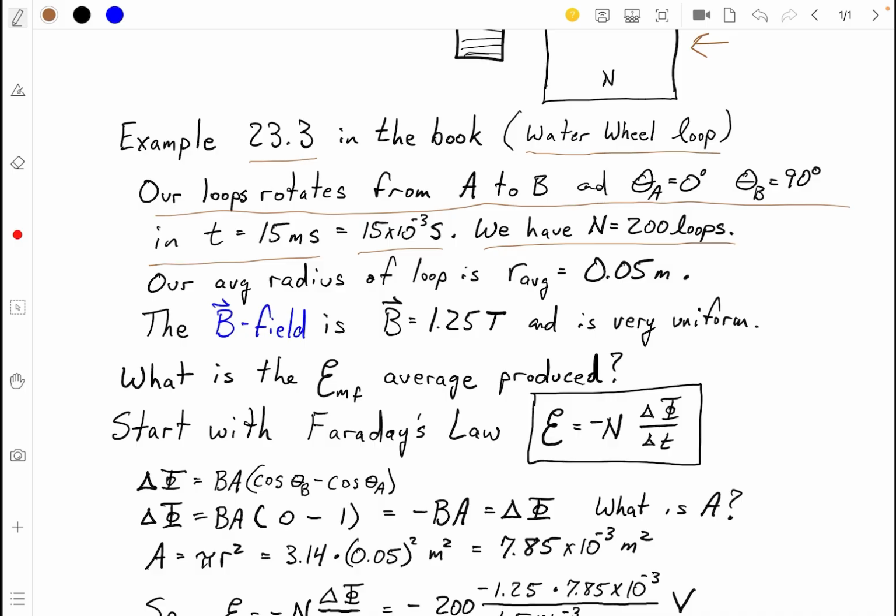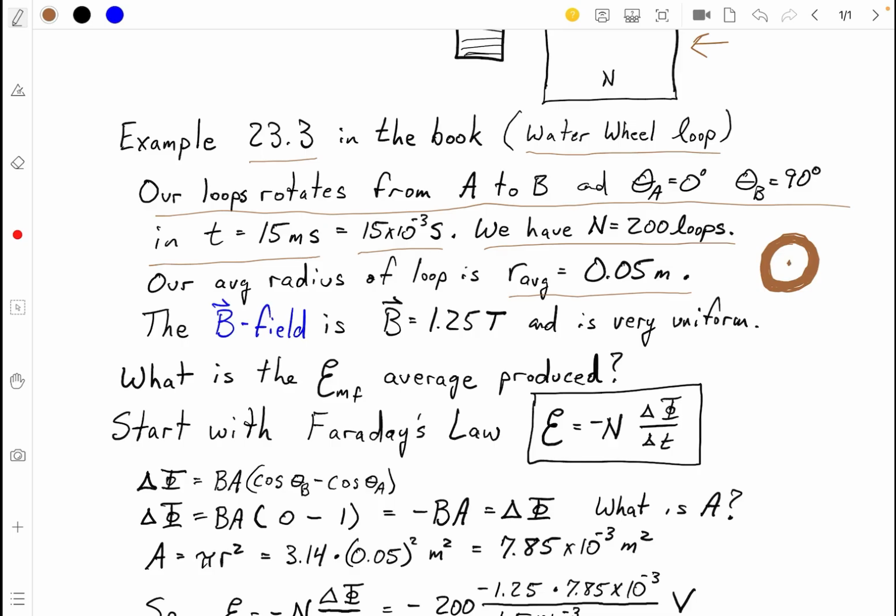Our average radius of the loops is this. So there's a whole bunch of loops, and they all have a little bit different radius, but there's an average radius for this whole thing. The average is really what we want, because some of them are going to have more and some of them are going to have less.